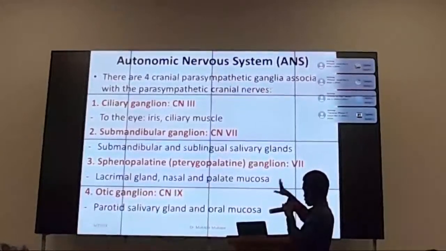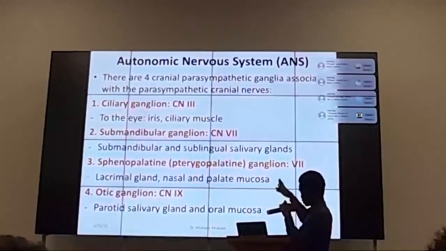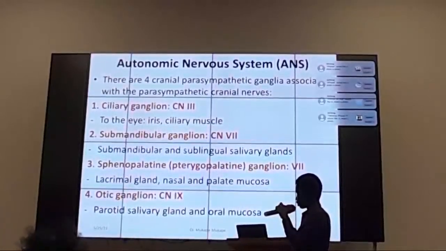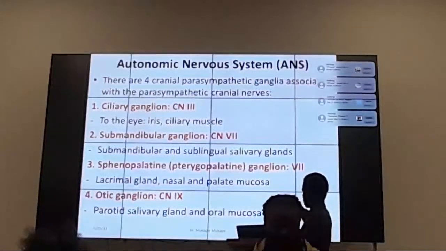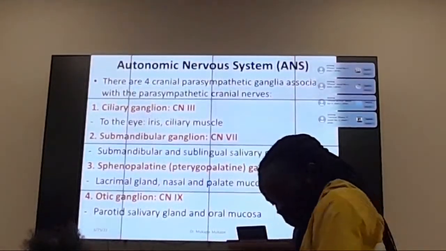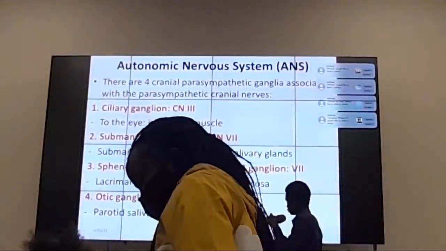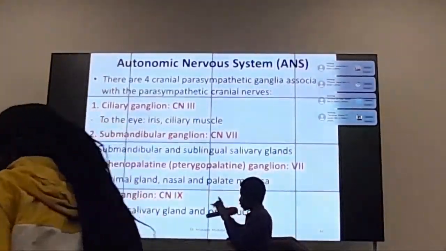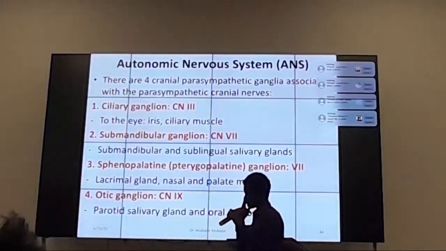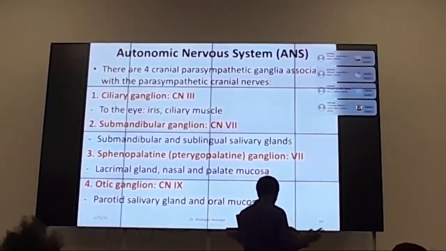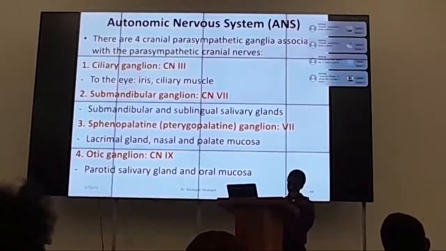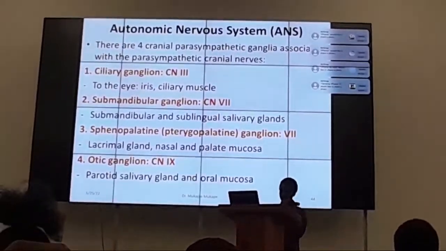To the submandibular and sublingual salivary glands, submandibular ganglion. Sphenopalatine, lacrimal gland, nasal and palate mucosa. Otic ganglion, parotid salivary gland. So again, be familiar with the parasympathetic ganglia. You can be asked which of the following is a parasympathetic ganglion, or which of the following is not a parasympathetic ganglion.